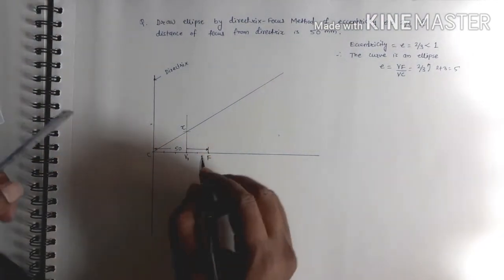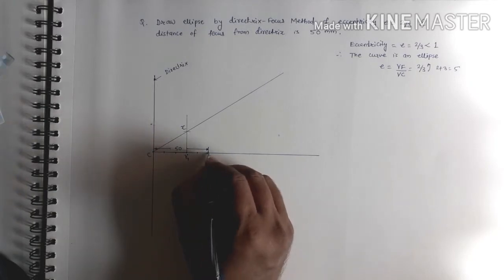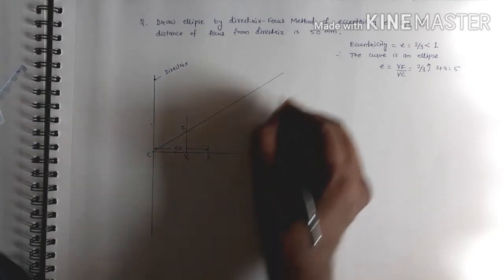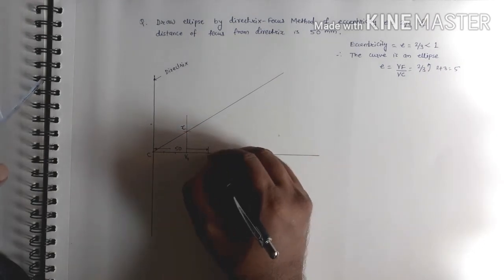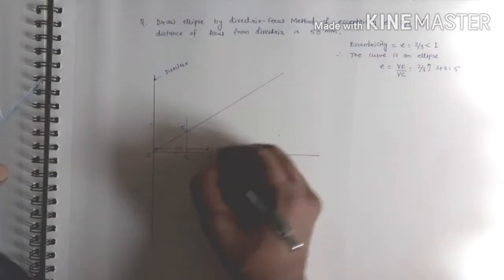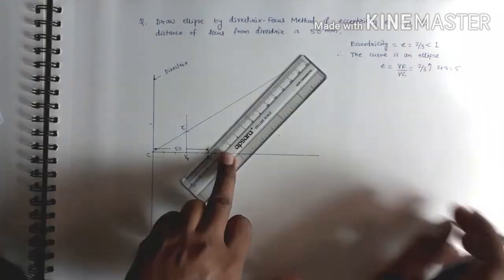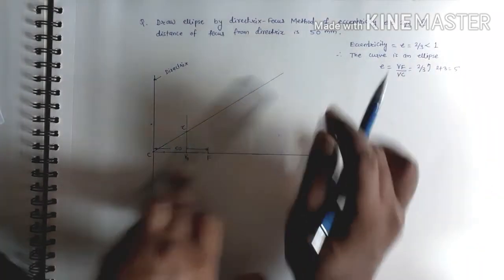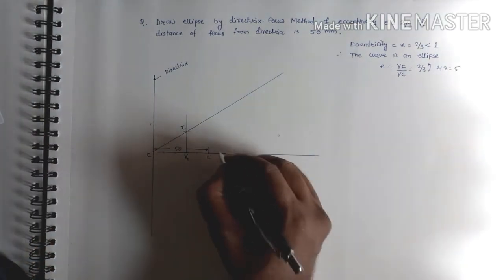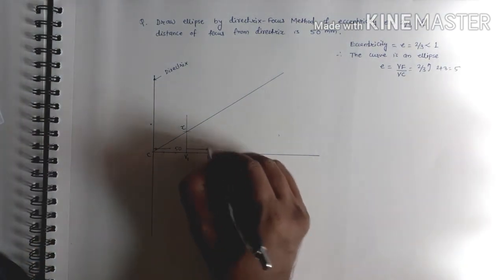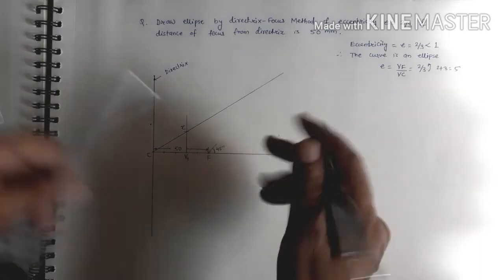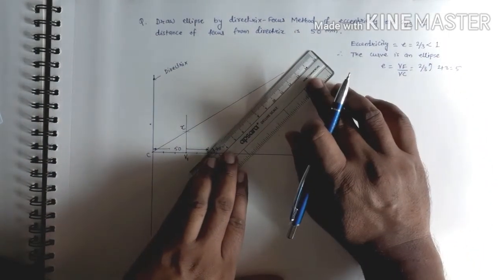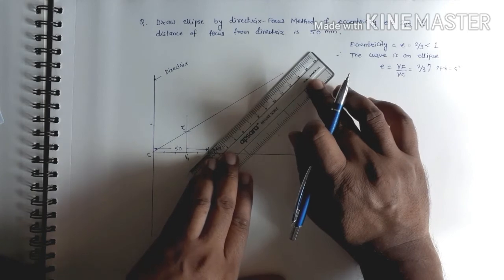and from the focus point draw a line at 45 degree. So from this point 90, draw a line at 45 degree.